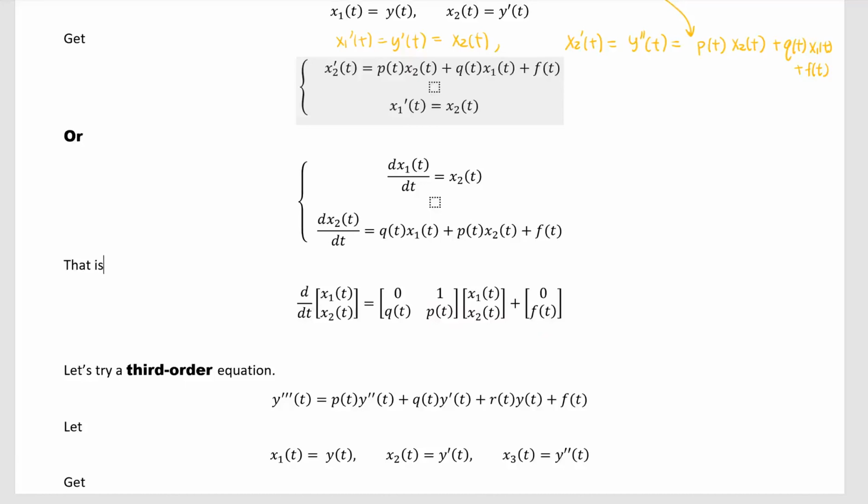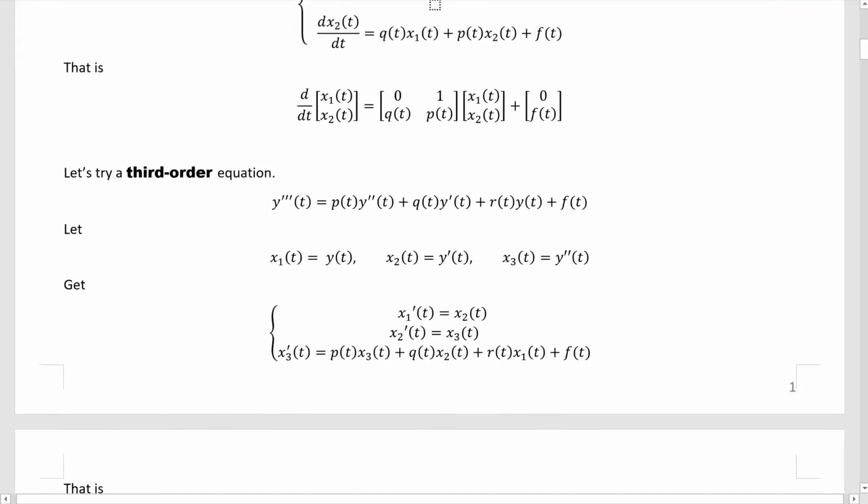Okay, how about a third order differential equation? We express the third order in terms of lower orders. We define x1 to be y of t, x2 to be y prime of t, and x3 to be y double prime of t, the second derivative.